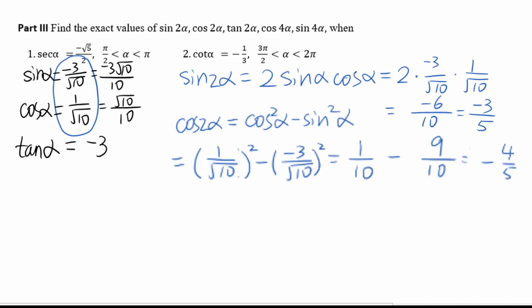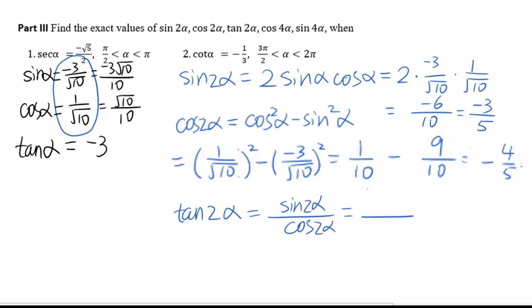For cosine 2 alpha, you have 3 formulas to use. Let me use cosine squared alpha minus sine squared alpha. That will be -4 over 5. Let's go to tangent 2 alpha equals sine 2 alpha over cosine 2 alpha.